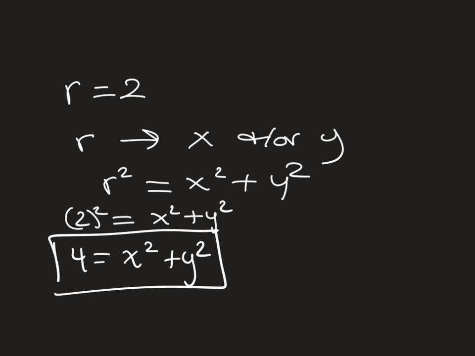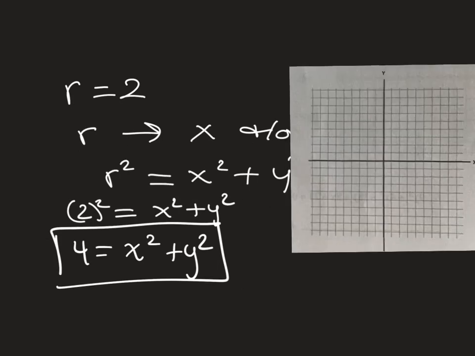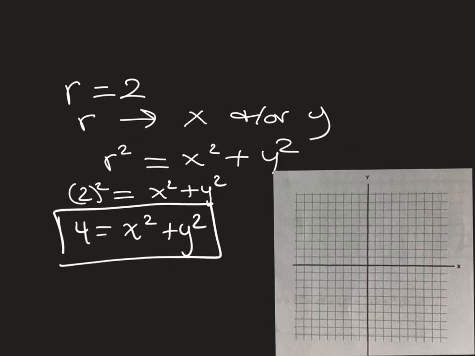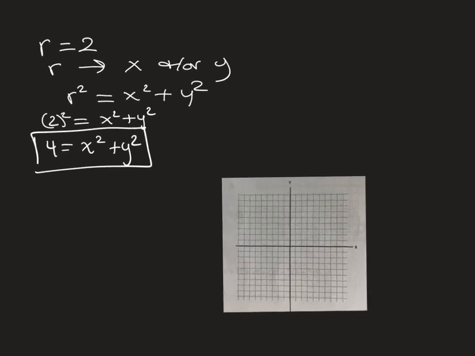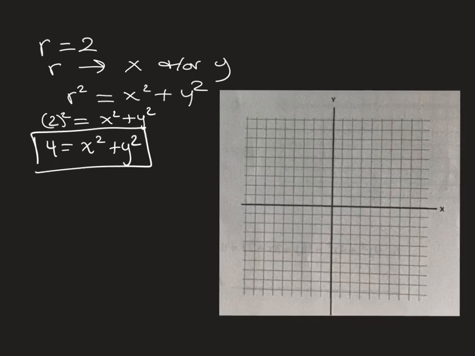And just a fun little tidbit, if I wanted to graph this really quick, I'm going to graph the rectangular first. That's a circle with a center of 0, 0, and a radius of 2. So it would be right here.